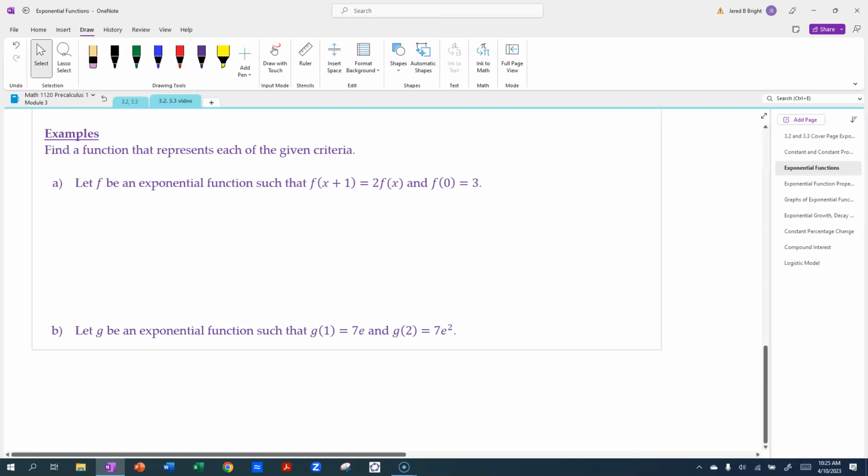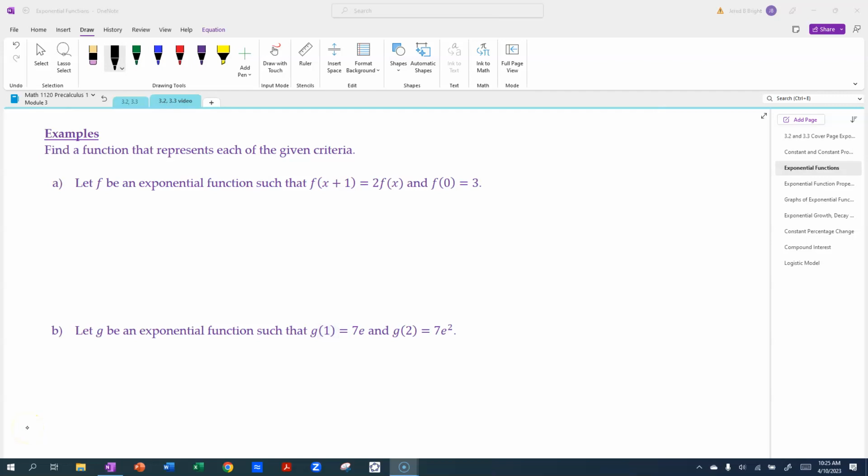Okay, so we want to try and construct exponential functions. We have our first exponential function f, and we're saying that f of x plus 1 is our next term. So we take whatever our next x value is, put it in the function, and we get its value by taking 2 times whatever I have now.